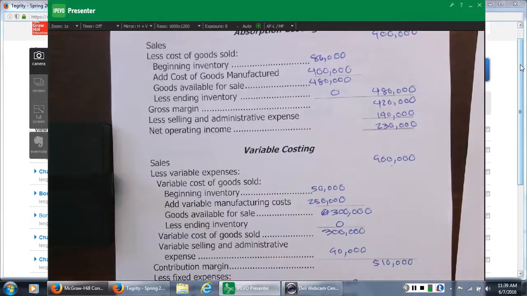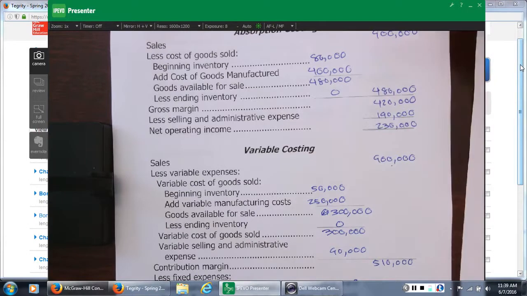Because remember, with full costing, fixed manufacturing overhead shows up in inventory. It shows up in cost of goods sold because it is a product cost. With variable costing, fixed manufacturing overhead is treated as a period cost, which means it shows up on the income statement in the period in which it's incurred.